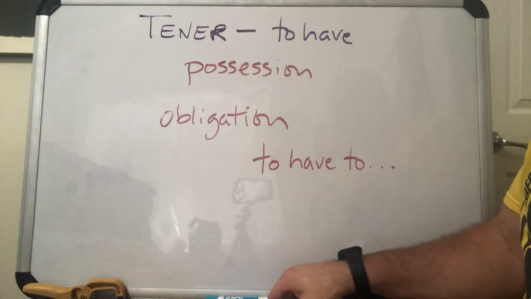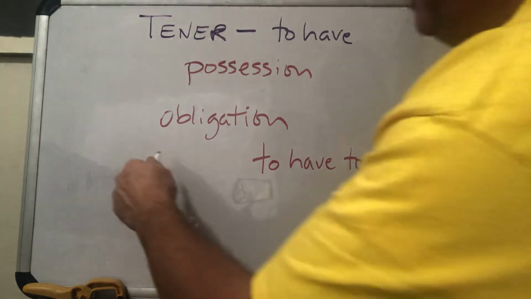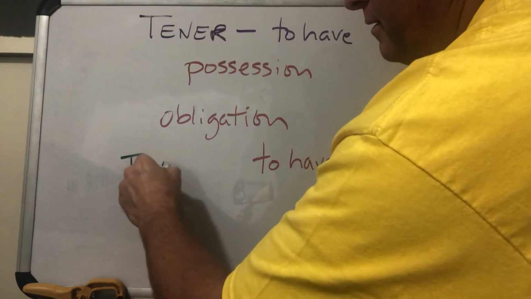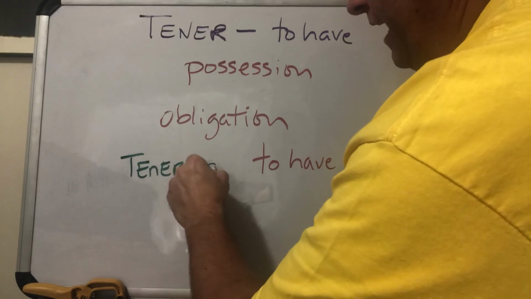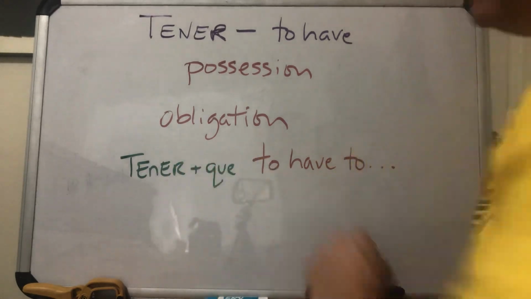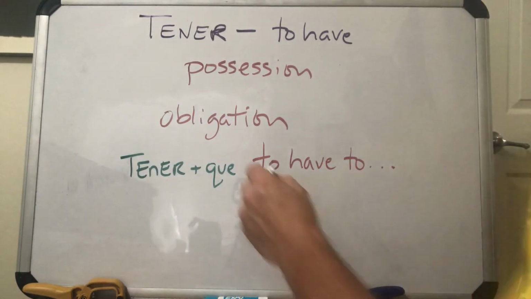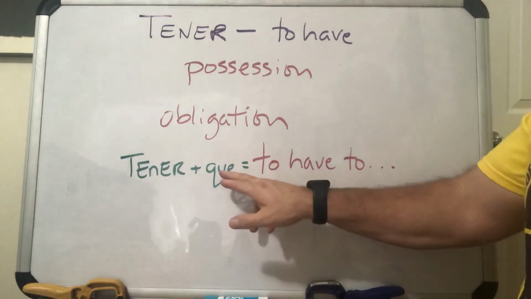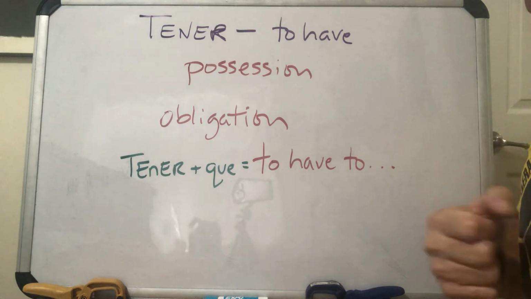In Spanish, the way you do it is you take tener, or one of the forms of tener, and you add the word que. No accent. Okay? And that's how you do it in Spanish. So to create the obligation, if it doesn't have que there, then it means it's a possession.